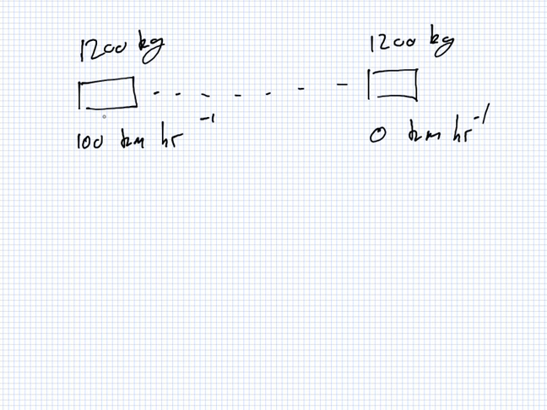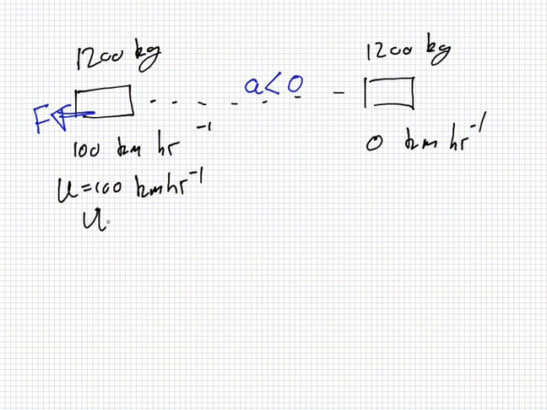And what's happening here is there is a force slowing the car down, causing it to decelerate. Right, so the U is 100 kilometers per hour. So if I convert that into meters per second, let's see what I get.